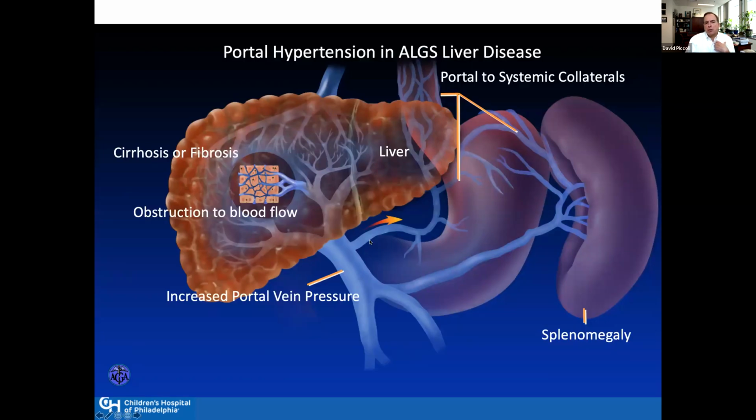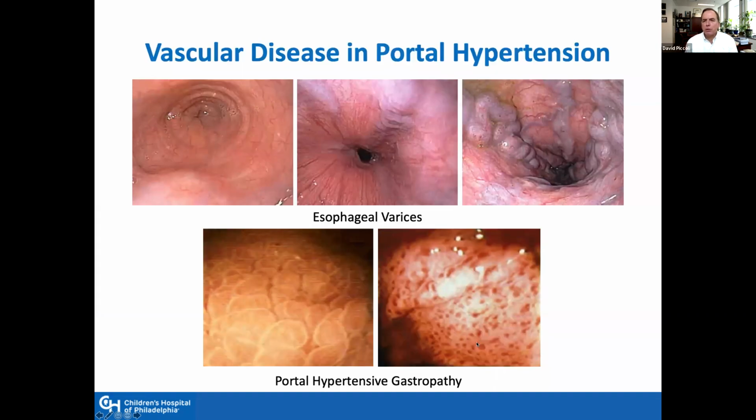So this is a picture that shows the blockage over here in flow through the liver, so everything else upstream gets expanded. And sometimes the blood flow even goes in the opposite direction. This is a picture of what Noel or I would see when we're scoping. This is a normal esophagus.